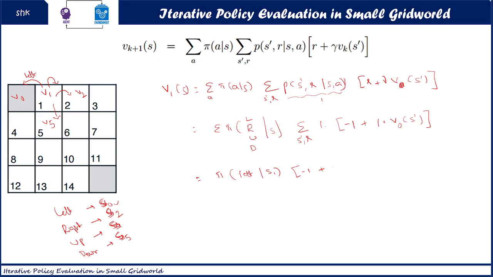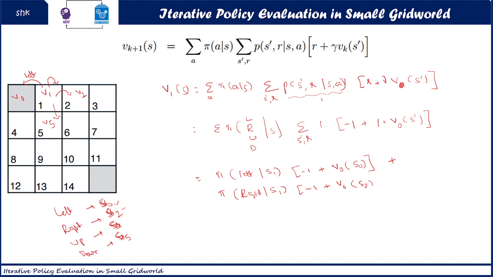1 plus 1 into V0 of, for the left side, what is the value we are going to have? V0. This is for the action towards the left side, plus the probability of the action towards the right side when we are in the state S1, the reward is minus 1 plus the previous value, that is V0, for what is the state for the right side. Whenever we have a transition towards the right side, the state is S2.